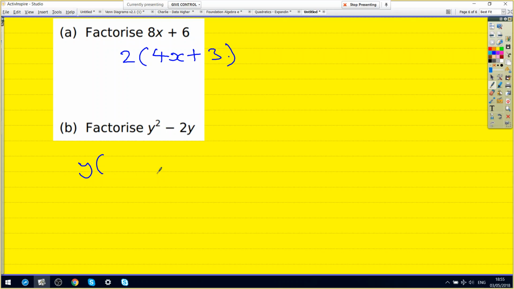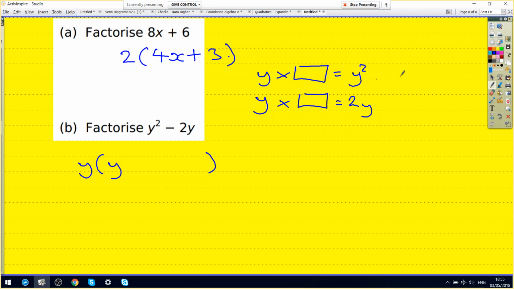I get it now. So y times... I've lost myself at 2y. So would it be 1y? No. Oh, for the first bit, yeah. So y times y makes y squared.